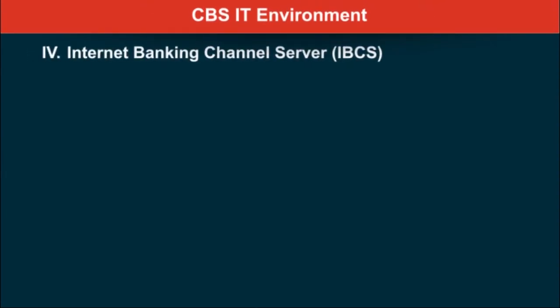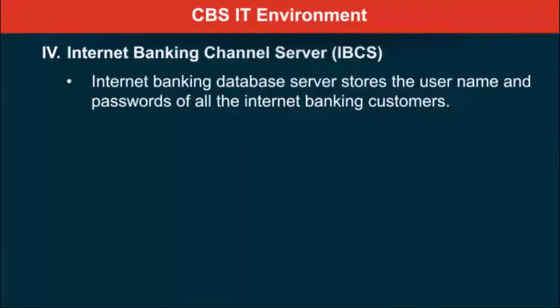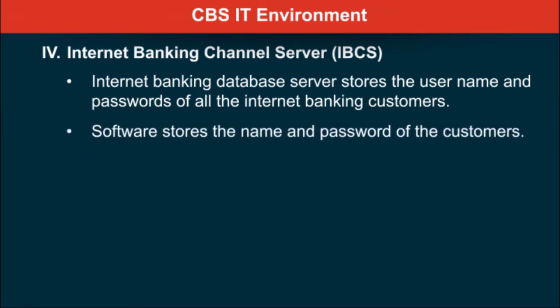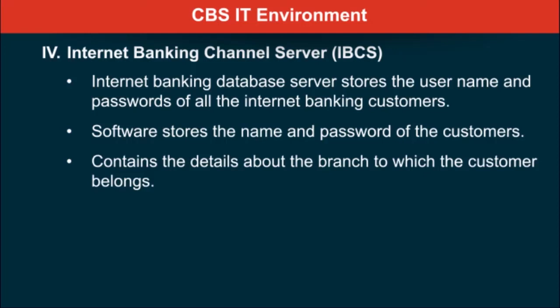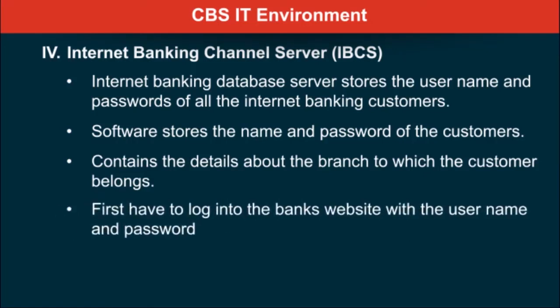We also have your internet banking channel server. Now what is this? You do your work through internet banking, so something has to happen over there, right? So there is a server in between which stores the usernames and passwords of all the internet banking customers. Same as your ATM, the software stores the name and password of the customer, and contains details about the branch where the customer belongs. First you have to log into the bank's website with the username and password.